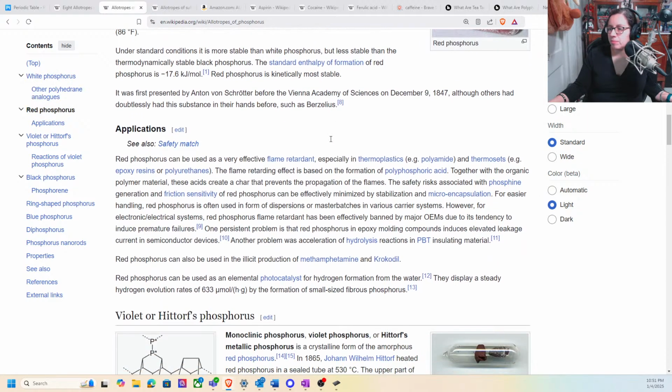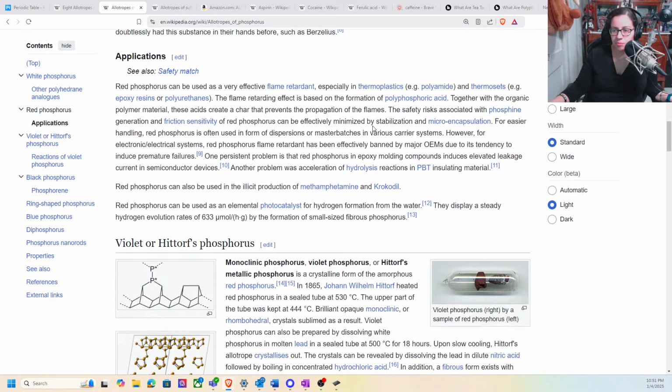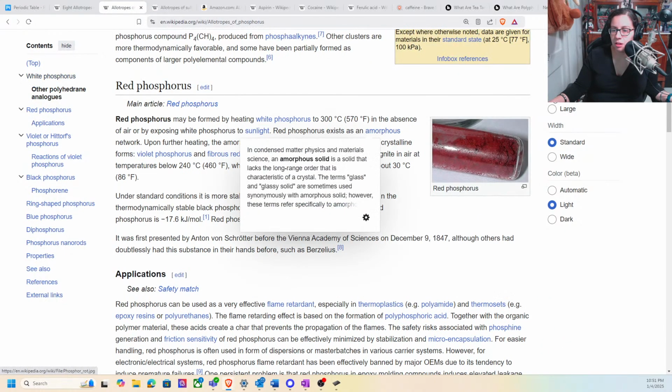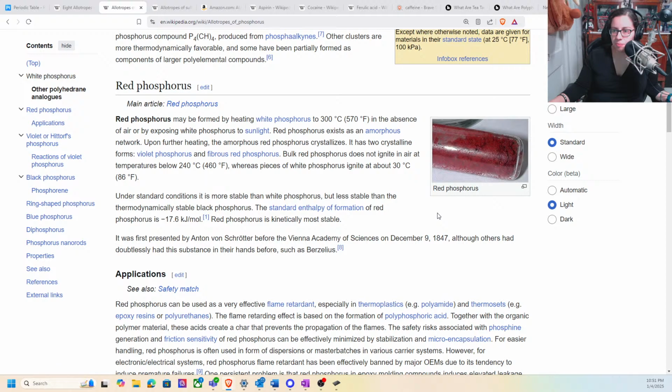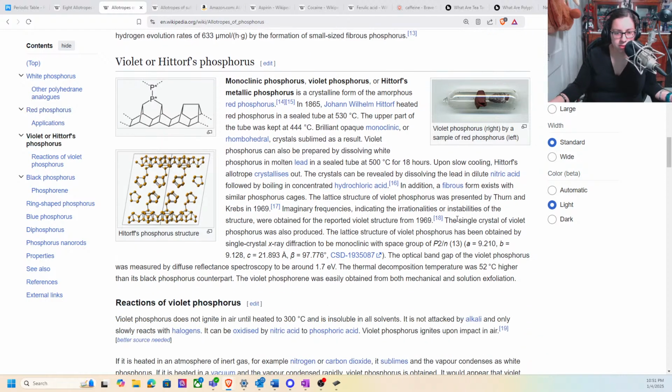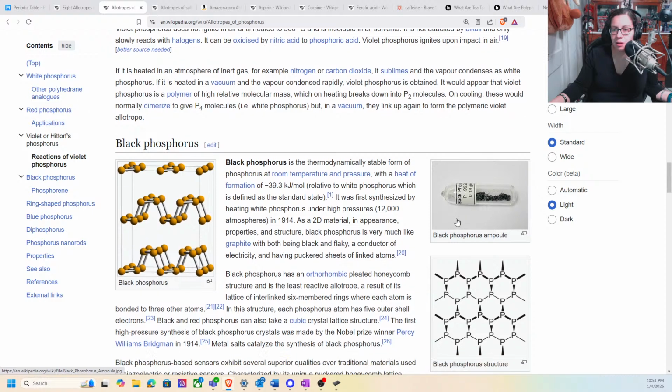Maybe. I was looking for the structure of red phosphorus. And then we also have violet phosphorus. And so again, at least appreciate that structure. So again, different 3D arrangement. So that's what we want to take away.